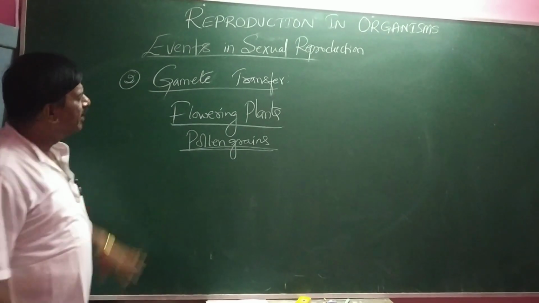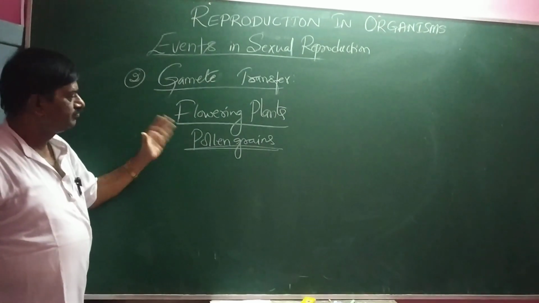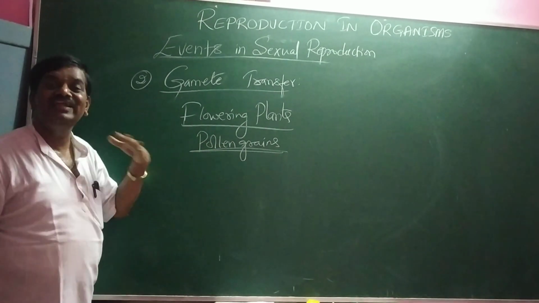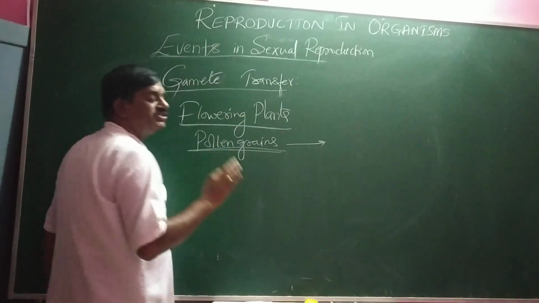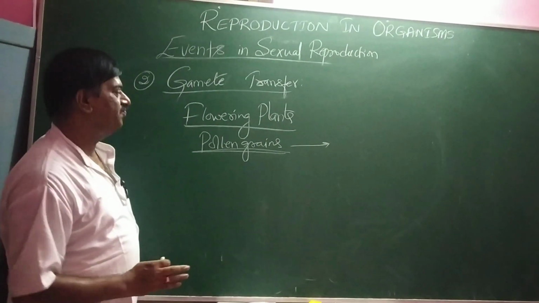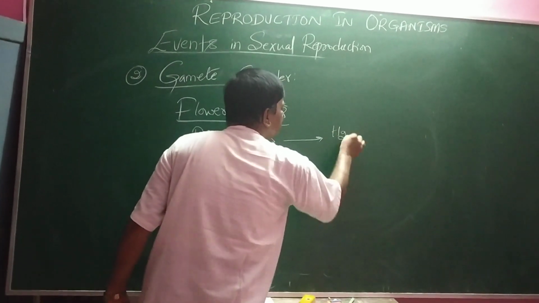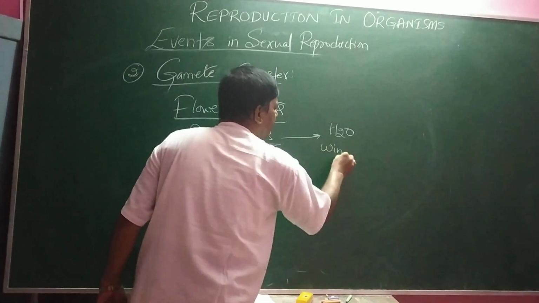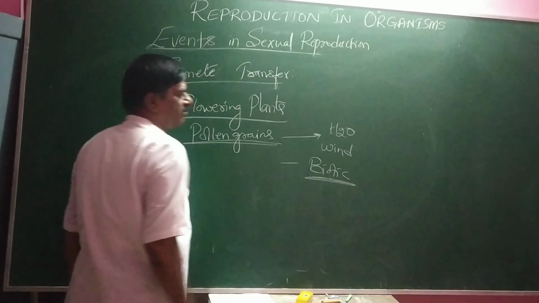These pollen grains are produced from the androecium, and they are released and carried towards the female flower by the presence of water, by the presence of wind, or some of the biotic agents are also required.